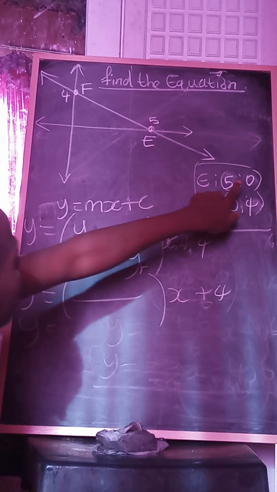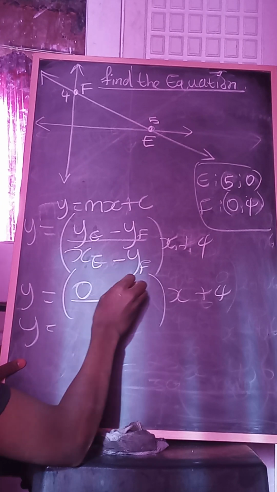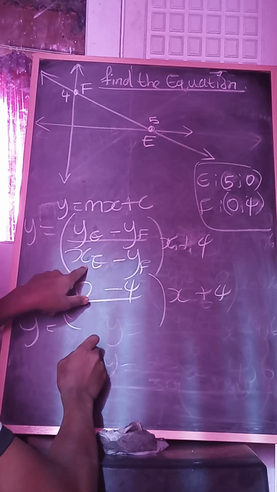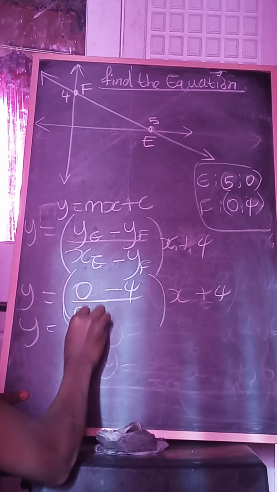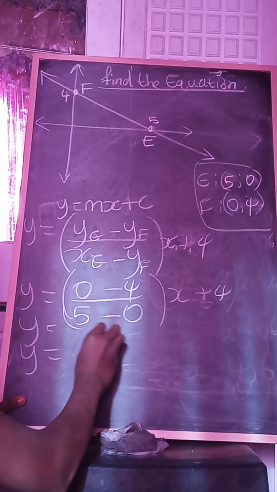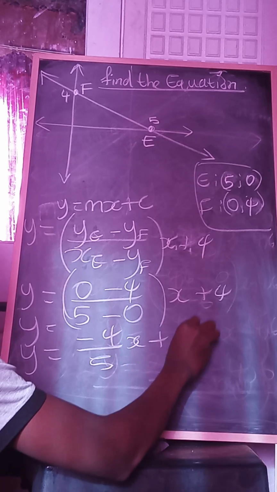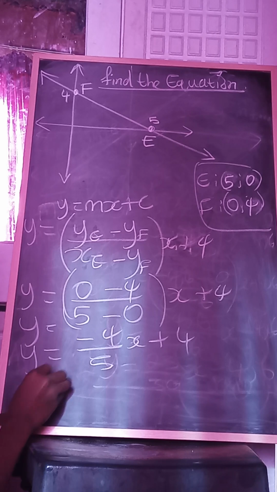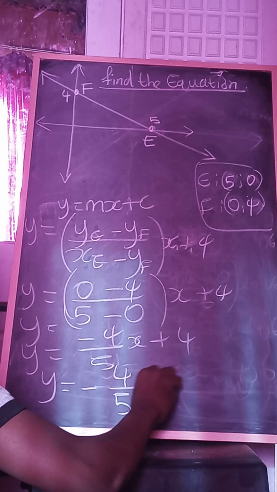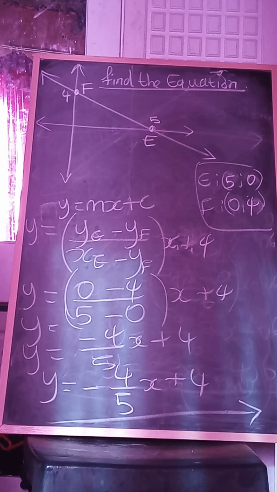Our y for E is 0, and our y for F is minus 4, so it becomes 4 because of the minus. The x for E is 5, and the x for F is 0. Then here you get minus 4 divided by 5. Then x plus 4. The final answer is minus 4 over 5 x plus 4. This is how you do it.